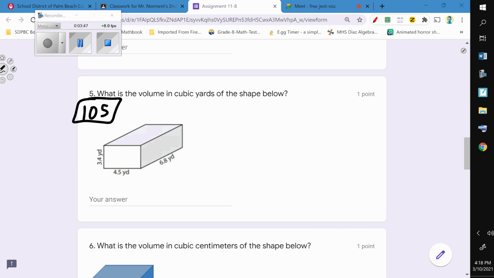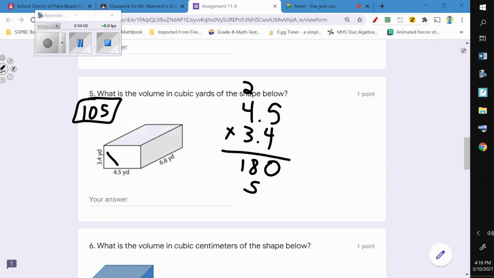So what I'm going to do is multiply these two numbers first together. Okay, 5 times 4 is 20. 4 times 4 is 16 plus 2 is 18. 5 times 3 is 15. 4 times 3 is 12 plus 1 is 13.